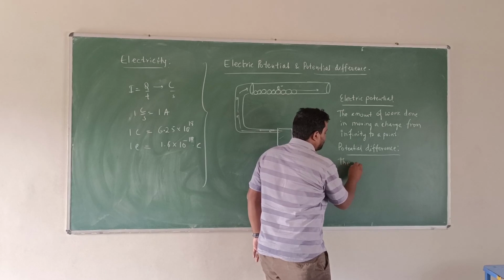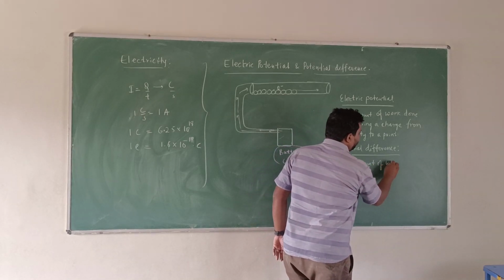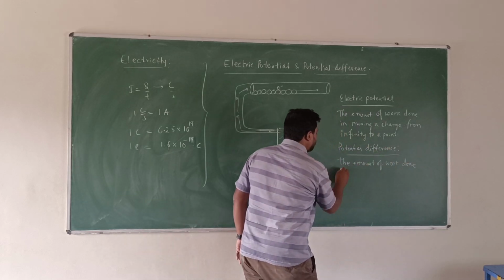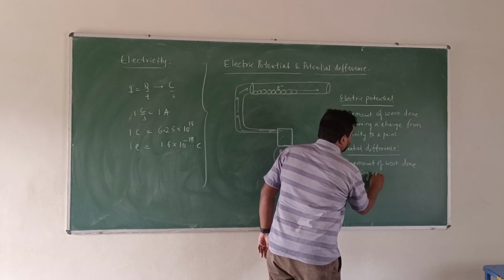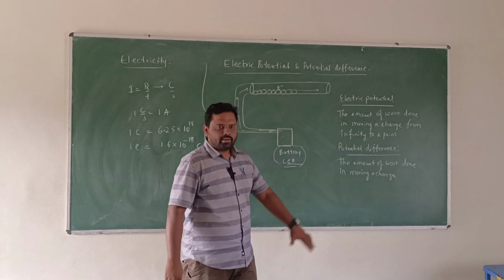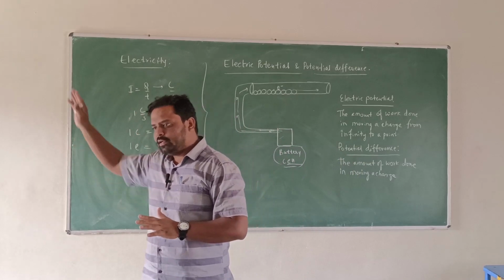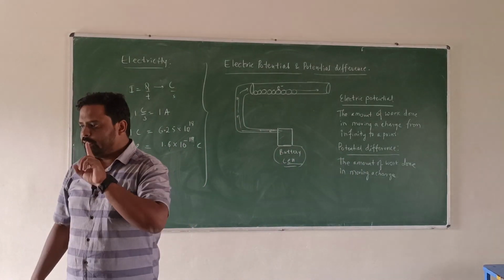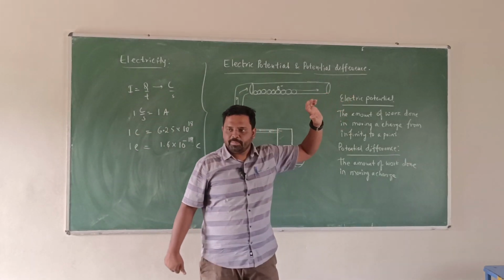Same thing, the amount of work done in moving a charge. In the earlier case, it was from infinity, a point very far away from this point, to this point. From there to here, if you want to bring 1 unit of charge, 1 coulomb of charge, then that is called electric potential.